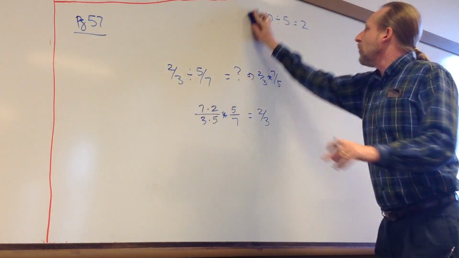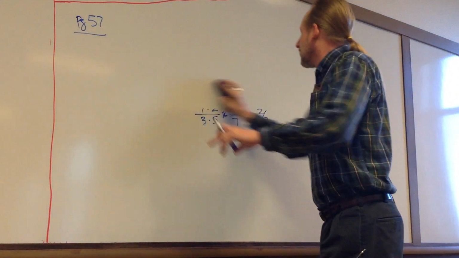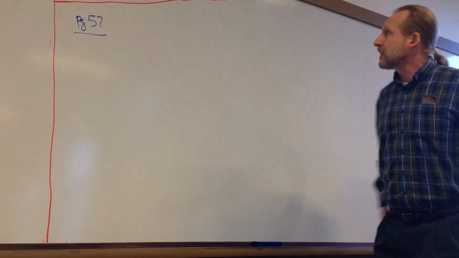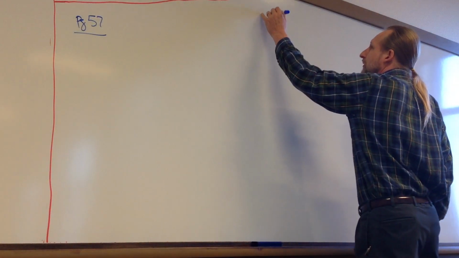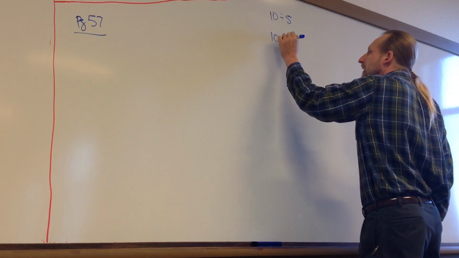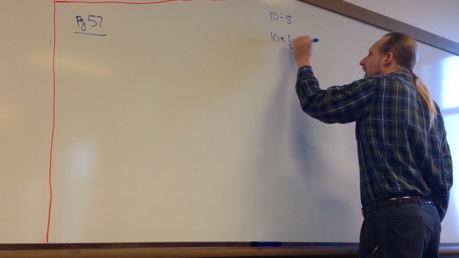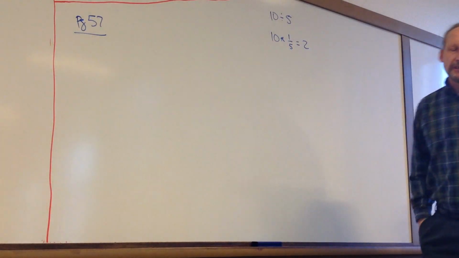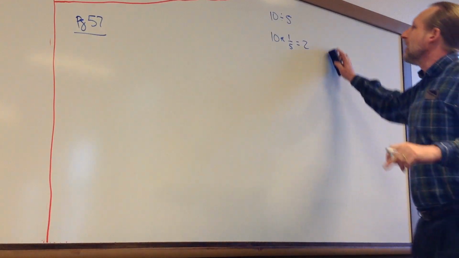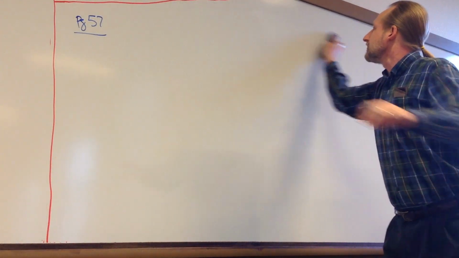Okay, so there's why we multiply by the reciprocal when we're dividing by a fraction. And you can do that with a whole number division as well. You can multiply by the reciprocal of 5 and get the same answer. It's not special to fractions. It's actually the definition of division mathematically.